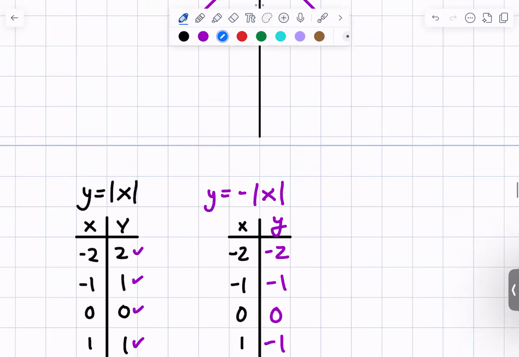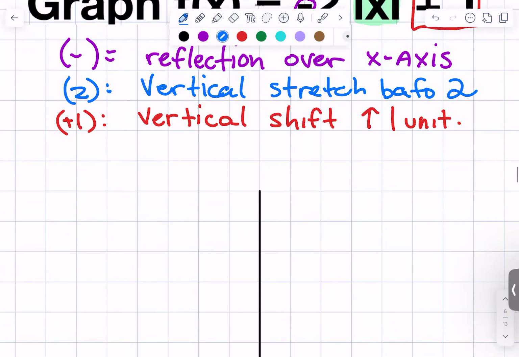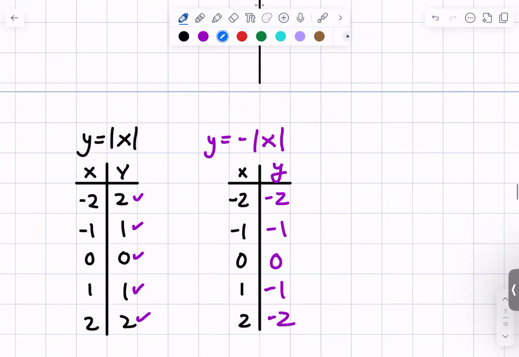Okay. And my next transformation is a vertical stretch by a factor of 2. So this is going to be y equals -2 absolute value of x. Okay? So if it's a vertical stretch by a factor of 2, what's going on?